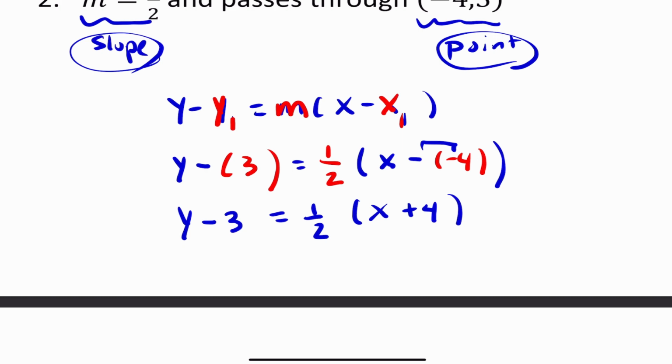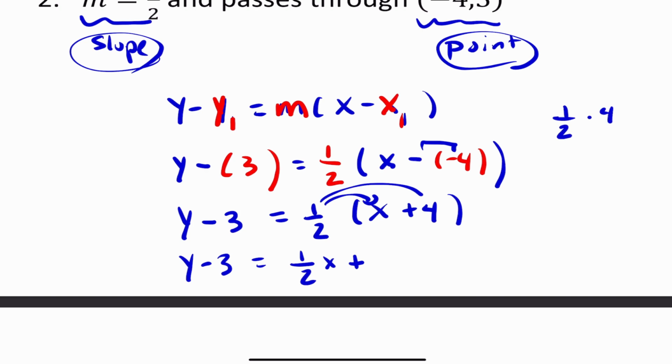Well, I notice that I have this fraction, or this number in front of the parentheses, and what I have to do is use the distributive property. So that's going to be y minus 3 equals 1 half times x, and then plus 1 half times 4.